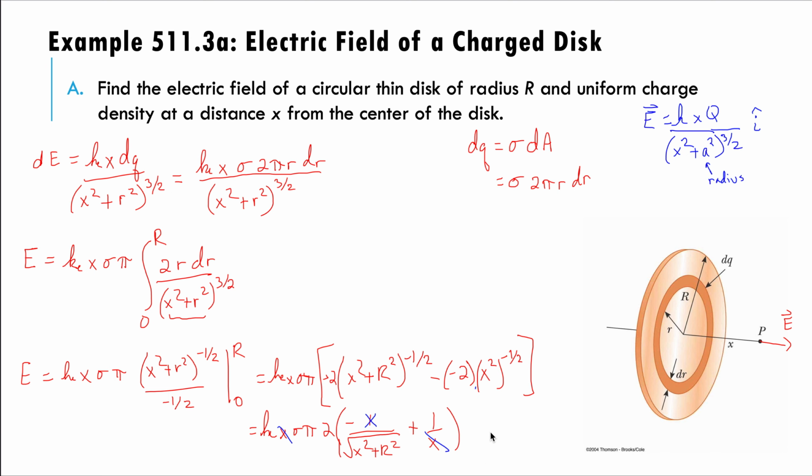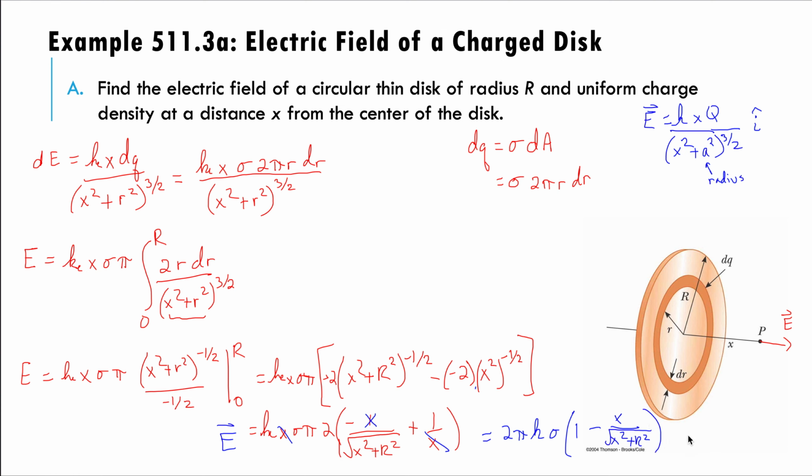So the final answer, hopefully you can see what it is, for the electric field at point P is going to be ke times 2, let's say 2 pi ke sigma times 1 minus x over the square root of x squared plus r squared.